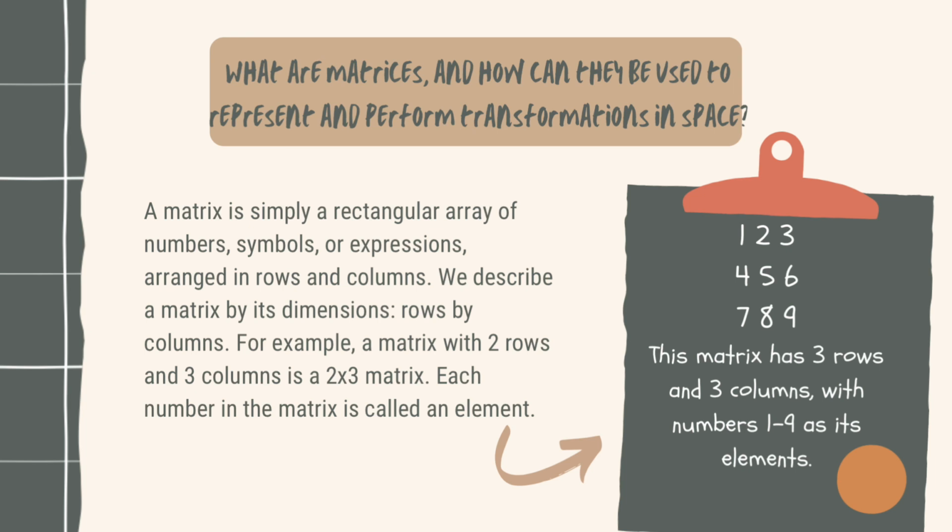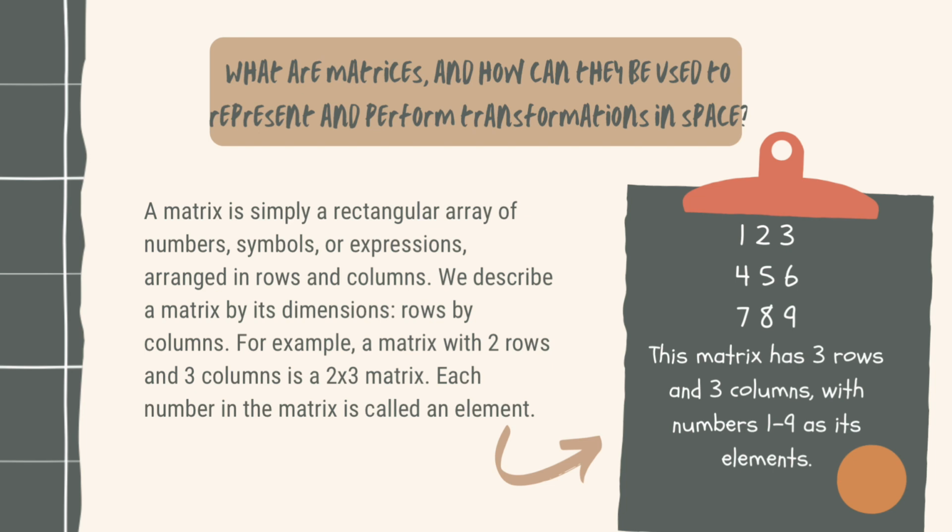We describe a matrix by its dimensions, that is, rows by columns. For example, a matrix with 2 rows and 3 columns is a 2 times 3 matrix. Just a note, each number in the matrix is actually called an element.